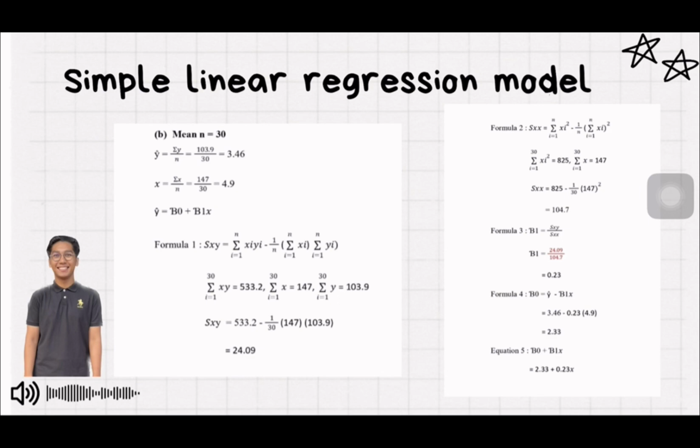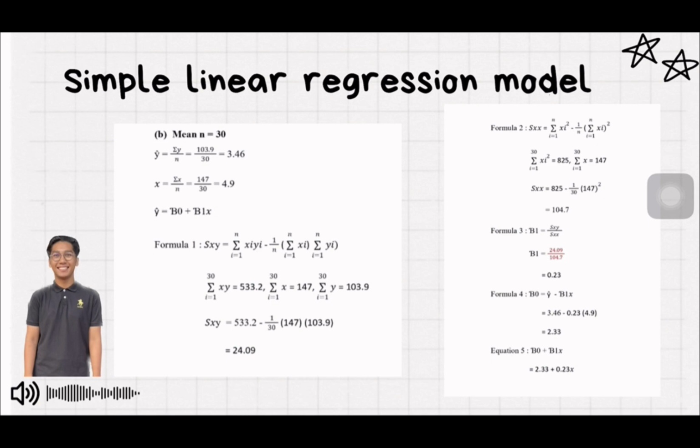In this question, we use formula 1, which is Sxy equals summation of xiyi minus 1 divided by n, open bracket, summation of xi, close bracket, open bracket, summation of yi, close bracket. Summation of xy equals 533.2.